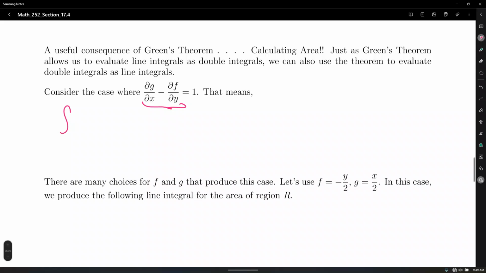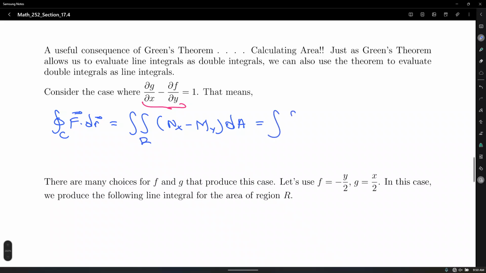Okay, so here is the thing. The integral along C of F dotted with dr, where C is a closed curve, equals the double integral of N sub x minus M sub y dA over the region R. Okay, so our requisite here is that somehow N sub x is 1/2 and M sub y is negative 1/2.